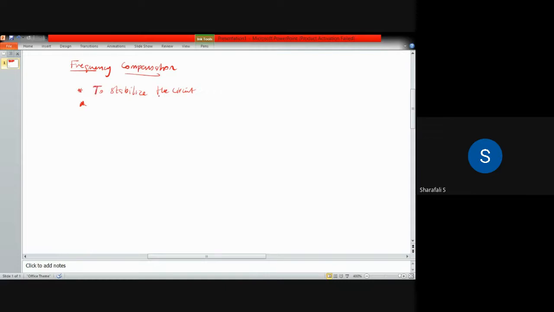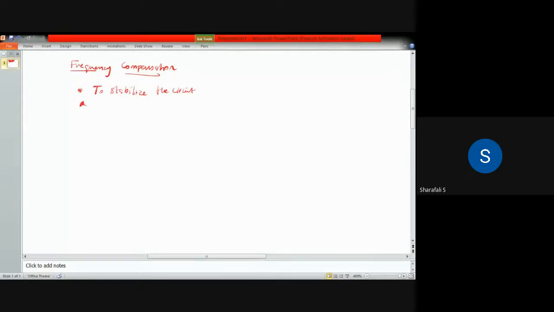So this is to stabilize the circuit, which means that if any such problem is present in the circuit, then you have to stabilize it. Since techniques are there, we have to use any of them to compensate the problems in your circuit. So for that we have to use frequency compensation techniques.